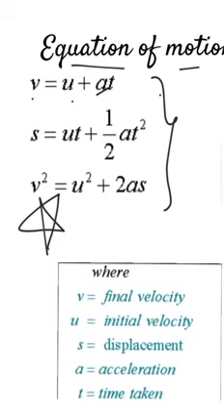In this equation of motion, V is final velocity, U is initial velocity, S is displacement, A is acceleration, and T is the total time taken to complete the motion.